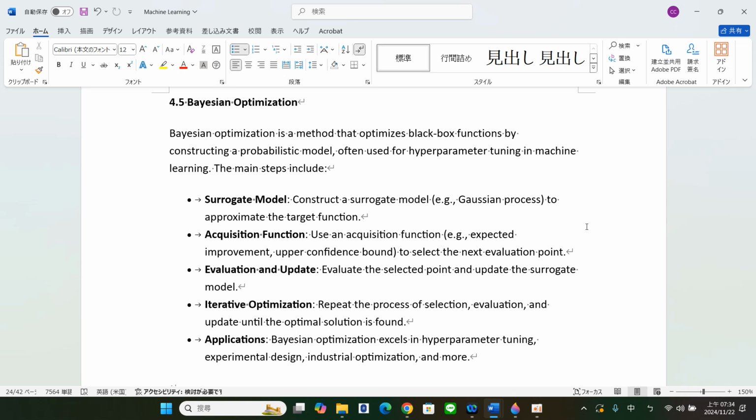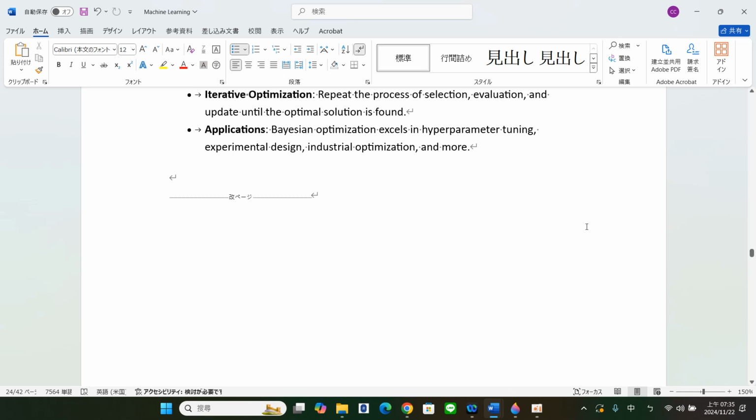Repeat the process of selection, evaluation, and update until the optimal solution is found. Applications. Bayesian optimization excels in hyperparameter tuning, experimental design, industrial optimization, and more.